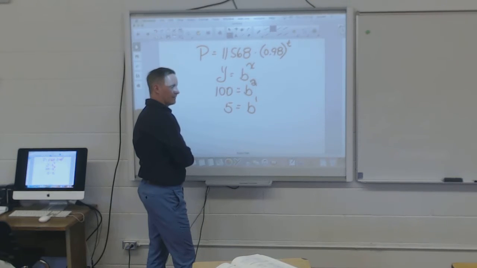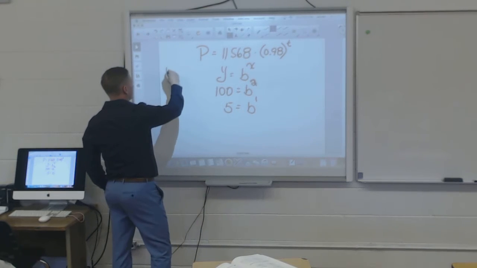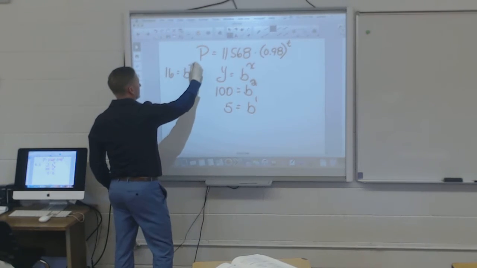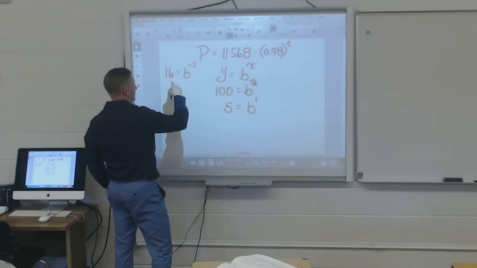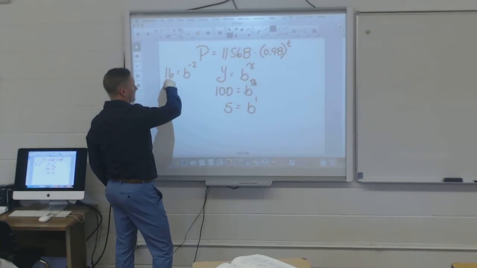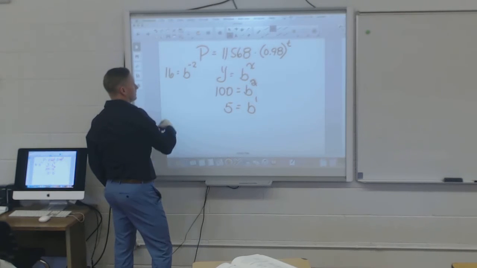Yeah, so then in C you would do y, or 16, equals b to the 2? Or negative 2. Yeah, negative. This one was a little more complicated. Alright? So, how do I explain this?